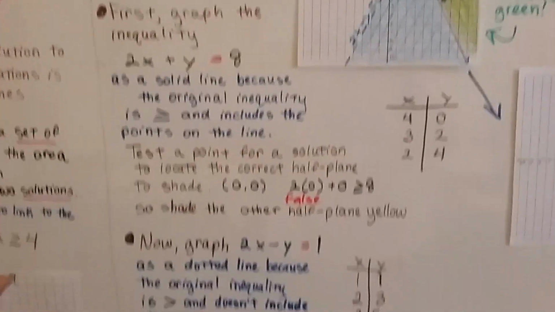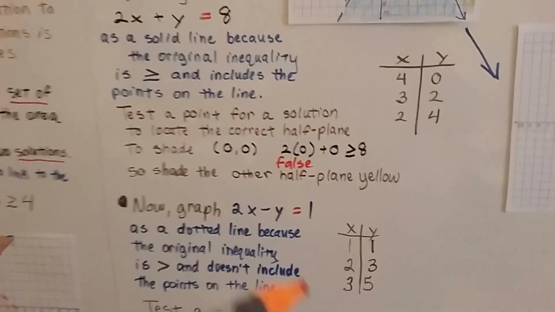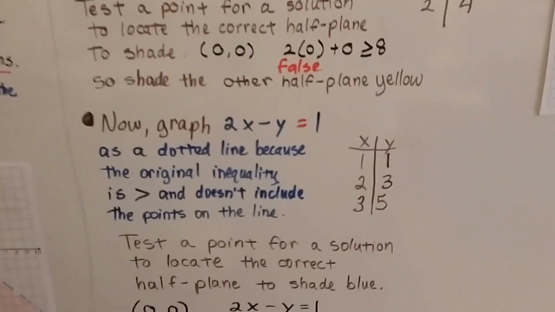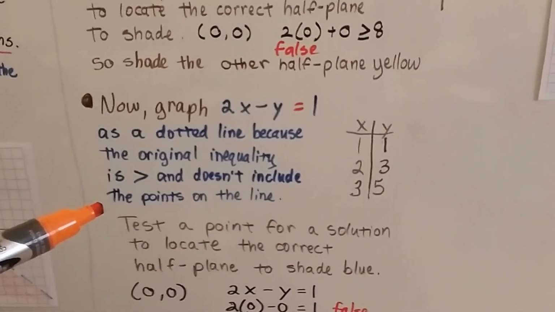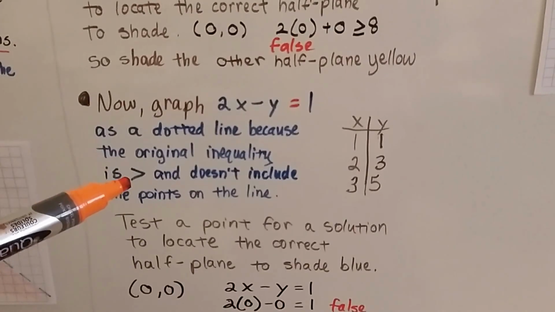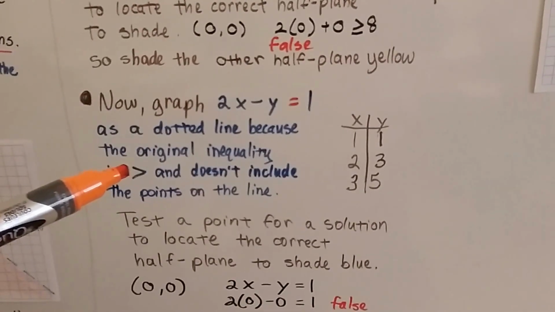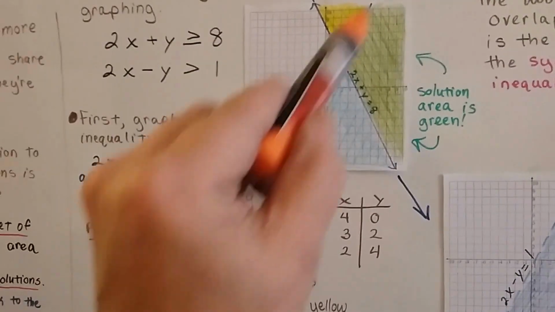So now we graph 2x minus y equals 1 instead of is greater than, okay? We make a function table that can solve this equation. And it's going to be a dotted line because the original inequality is a greater than sign. It's not greater than or equal to, it's just greater than, and it doesn't include the points on the line. So we're going to use a dotted line to show that solution, okay?